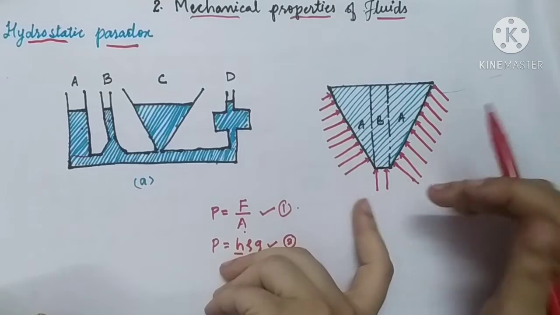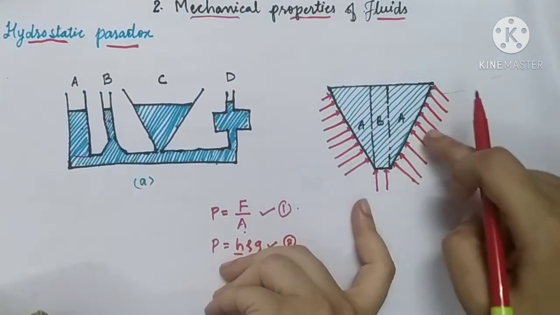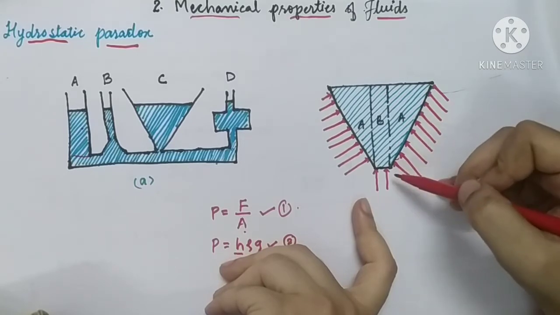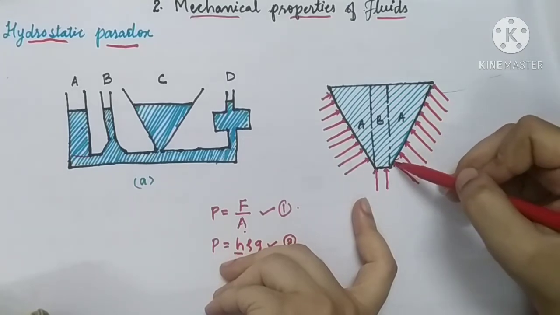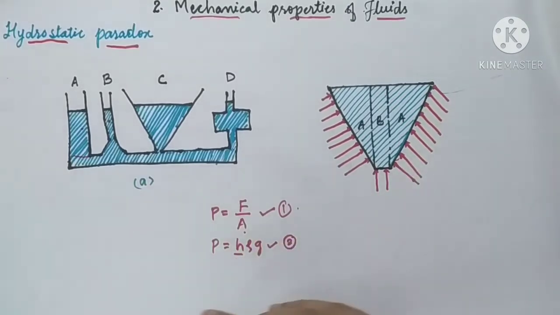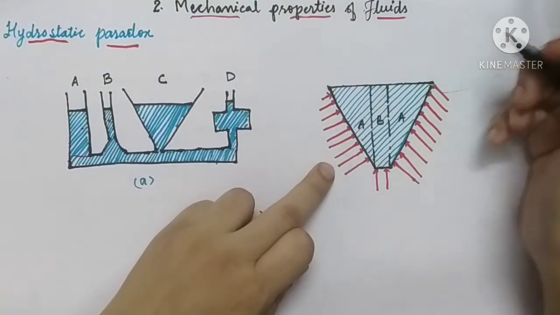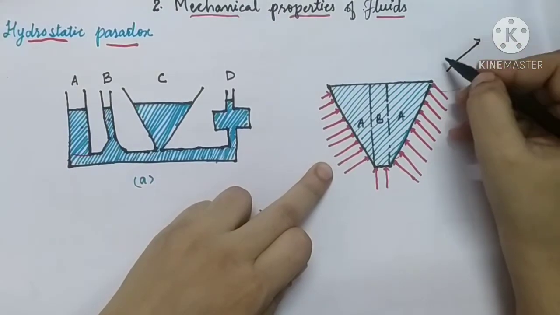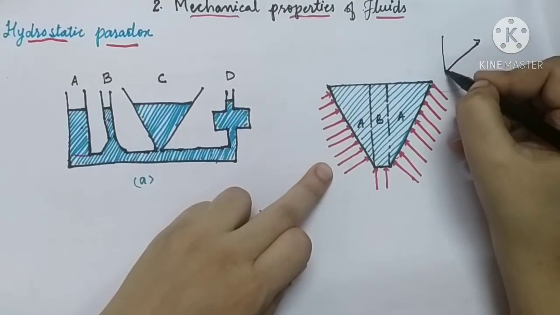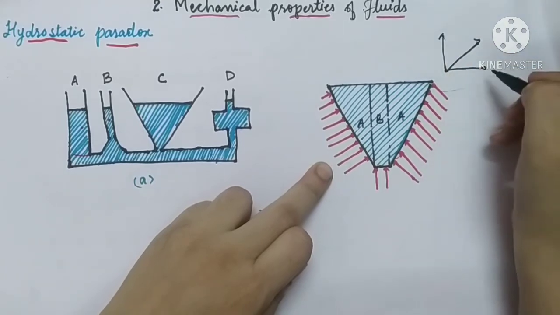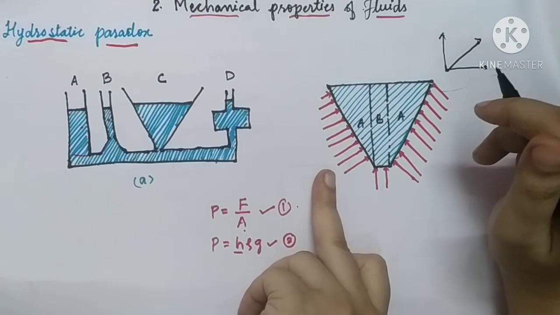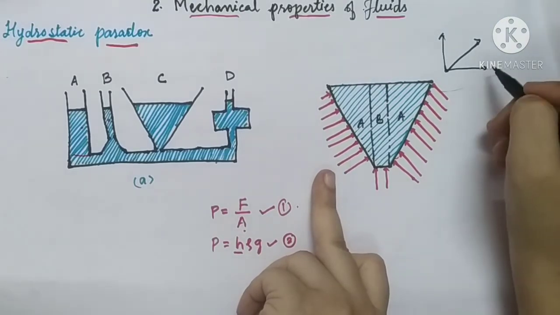The reason is, each and every force is perpendicular to the wall of the container. When these forces are resolved into two components, let us consider one force. Obviously it has to be resolved, because the wall of the container is neither along the x-axis nor along the y-axis.